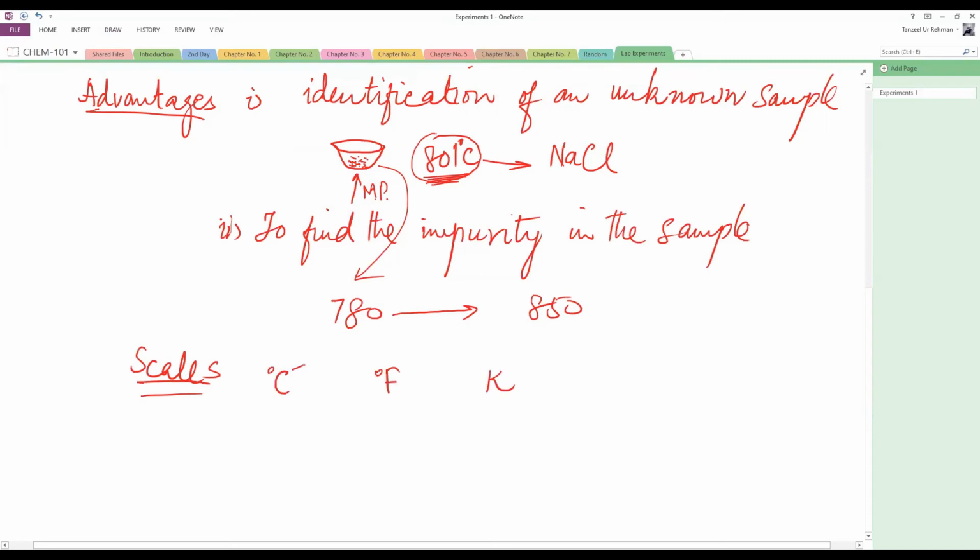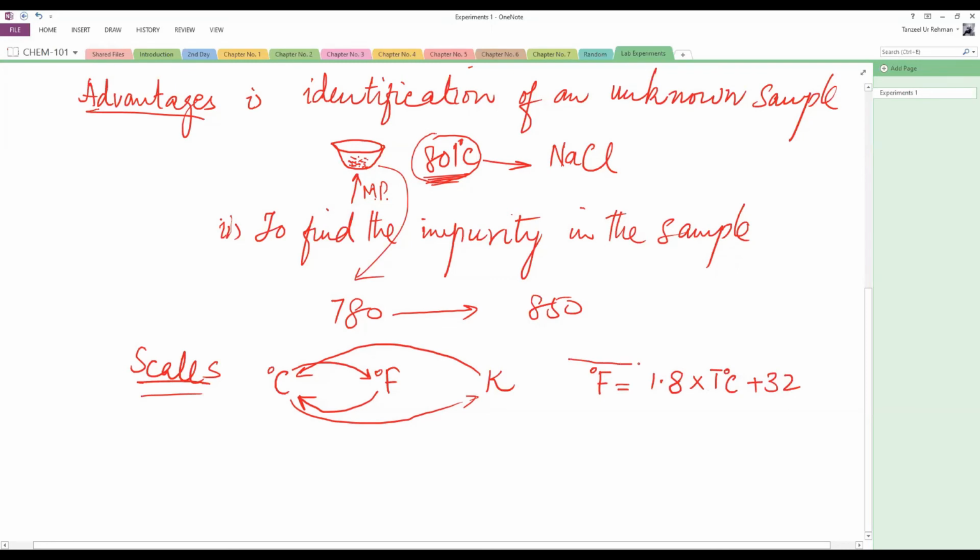These scales are interconvertible. We can change Celsius to Fahrenheit or Fahrenheit to Celsius, or we can change Celsius to Kelvin or Kelvin to Celsius. How can we change? If we have temperature in Celsius, we can change it into Fahrenheit: 1.8 multiplied by temperature in Celsius plus 32.